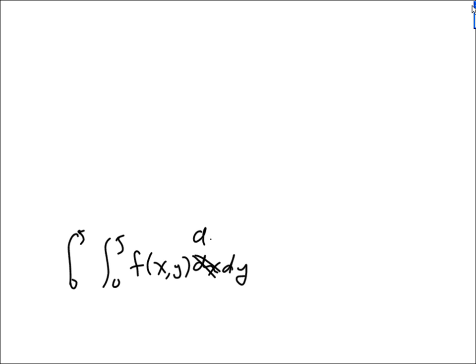Once in a while, you won't have to change the limits. If x goes from 0 to 5 and y goes from 0 to 5, you have the integral from 0 to 5 of the integral from 0 to 5 of some function dx dy, you could switch these and it'll be the same. But that's not usually the case.